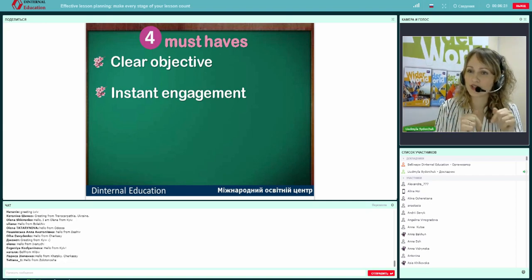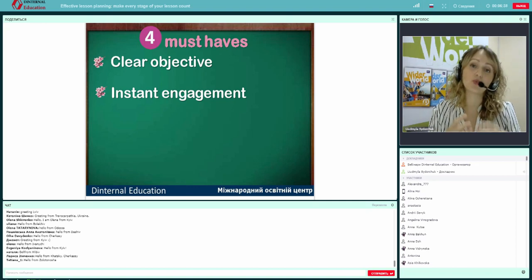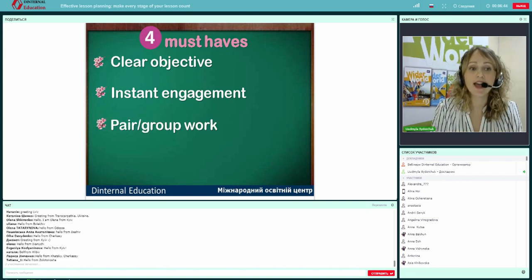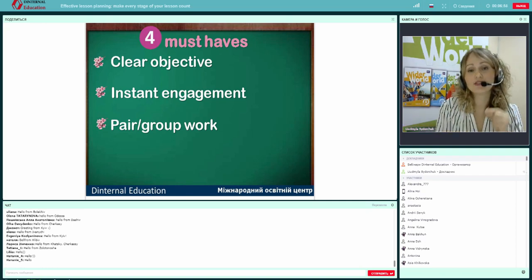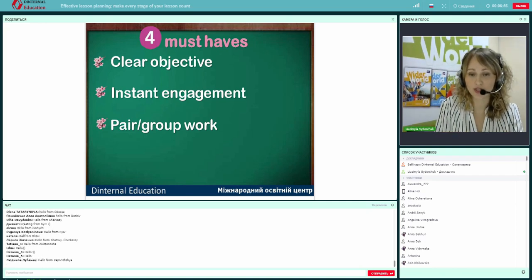So to have these bridges from one stage to the other. But the main thing is that students need to talk, because we are teaching language, and language is all about speaking, about communication. So the next must-have is called pair or group work. So a lot of pair and group work. In such a way we will reduce the teacher talking time and let the students practice their language.